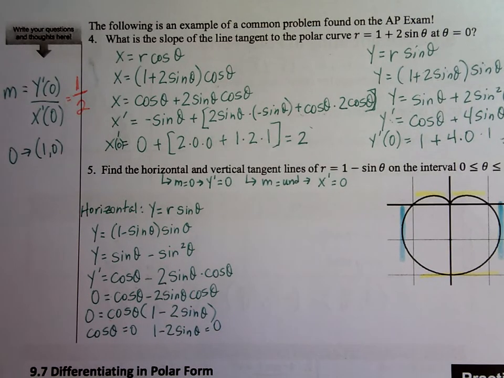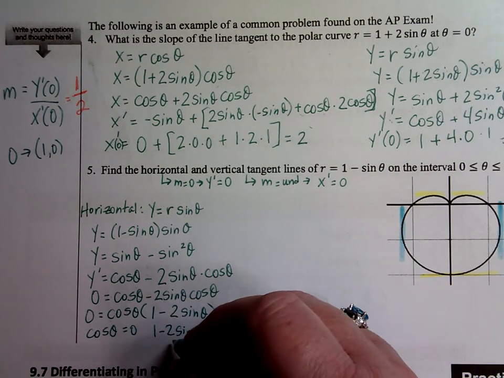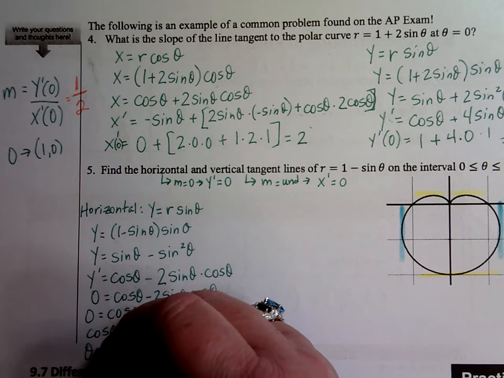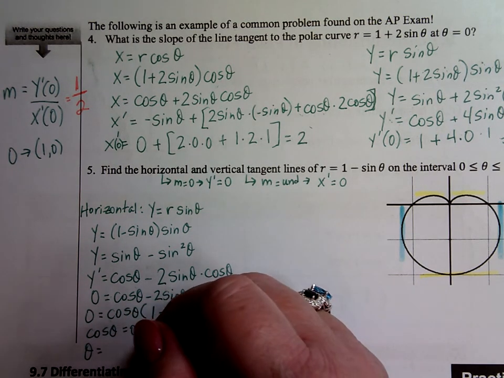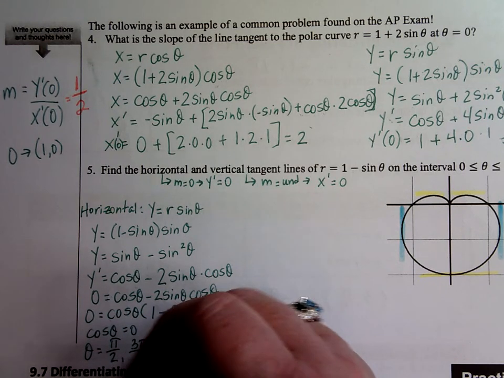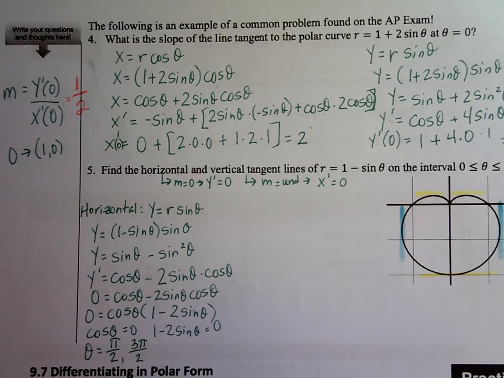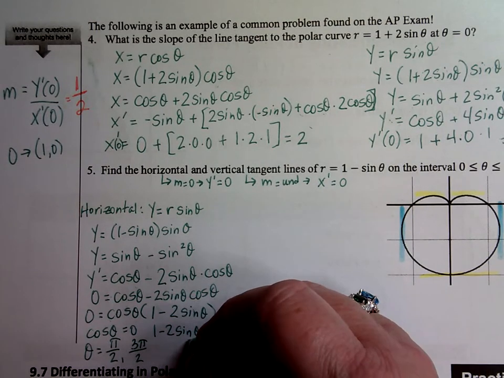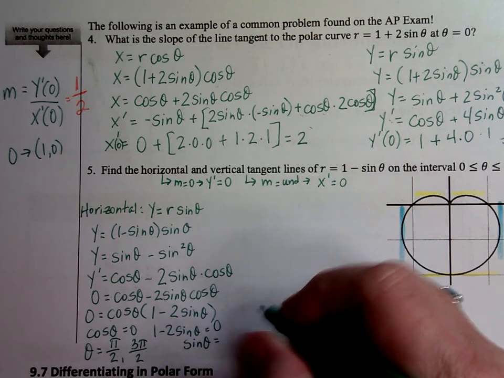Well, cosine is 0. You've got to go back to your unit circle, and we created it actually in class today, so just for you to remember it. It was pi over 2 and 3 pi over 2. That's when cosine is 0, when the x value is 0. This one is when the sine equals 1/2.